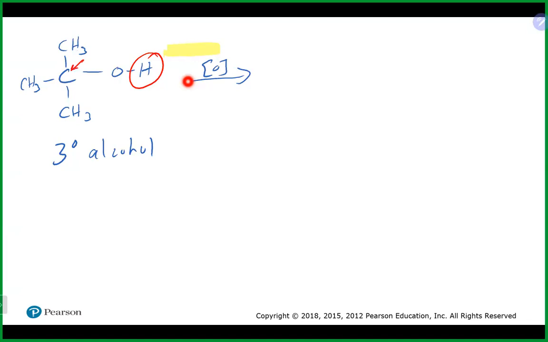Is there a hydrogen? No hydrogen there. No reaction. Yes, you need both of those hydrogens, 1 in each location. So a tertiary alcohol will actually not go through an oxidation reaction.